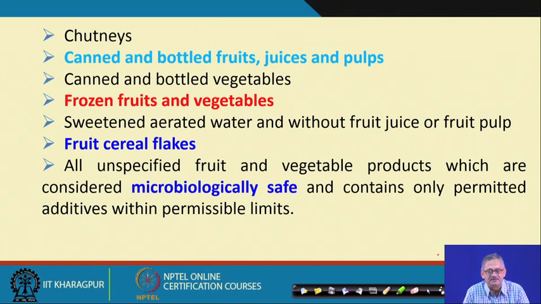Then other products which come under the umbrella of this FPO are chutneys, canned and bottled fruit juice, pulps, canned and bottled vegetables, frozen fruits and vegetables, sweetened aerated water without fruit juice or fruit pulp, fruit cereal flakes, all unspecified fruit and vegetable products which are considered microbiologically safe and contain only permitted additives within permissible limits.